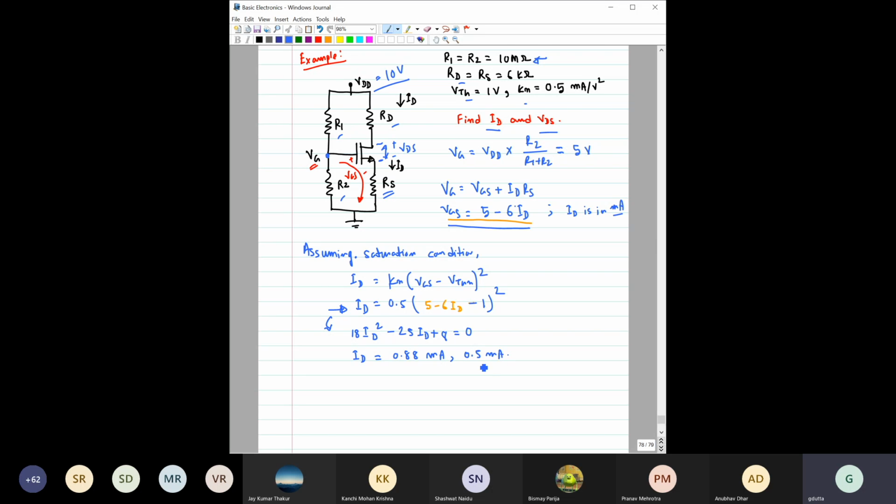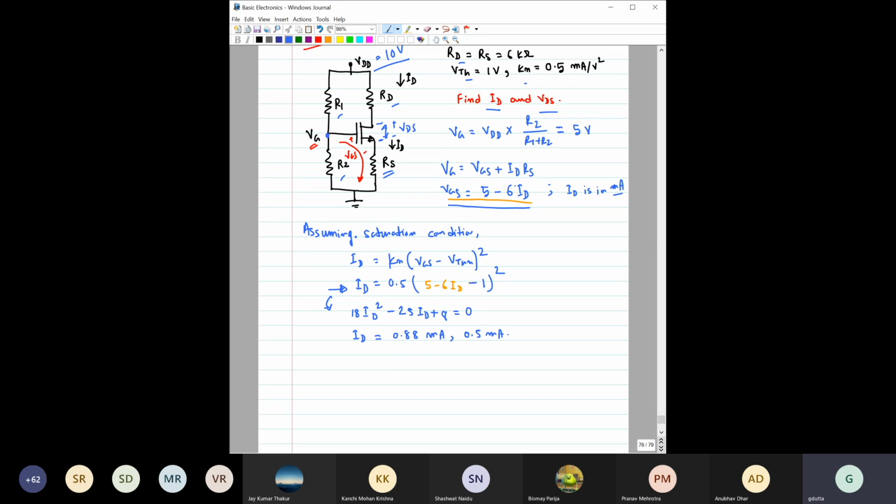Now the question is, ID cannot have two values for the same circuit. So one of the values is possible and the other one is not. So the question is first whether this 0.88 milliamps value is possible or not.